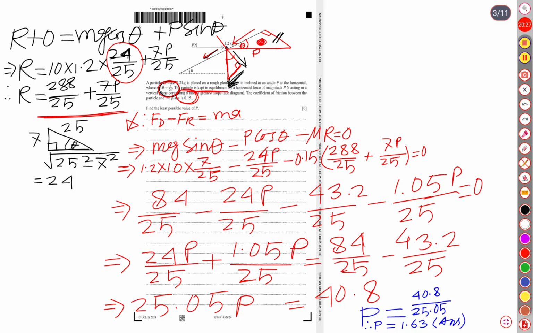For better understanding, you can watch my video of question number 5 from the paper 9709/42 for the session May June 24. In that paper, question number 5 was almost similar, but it asked for both the least as well as the greatest value.